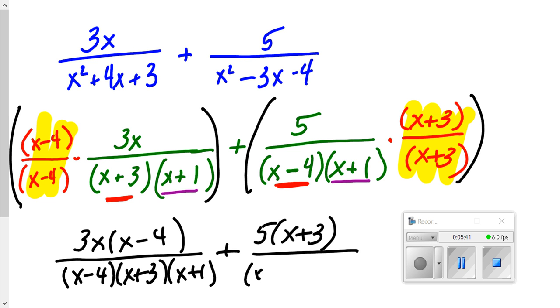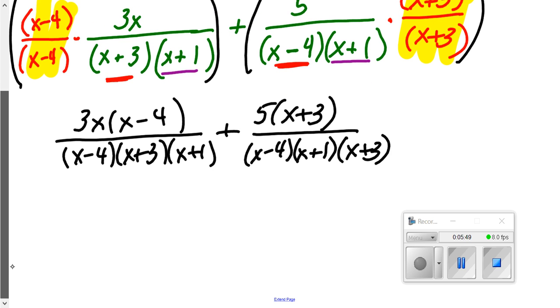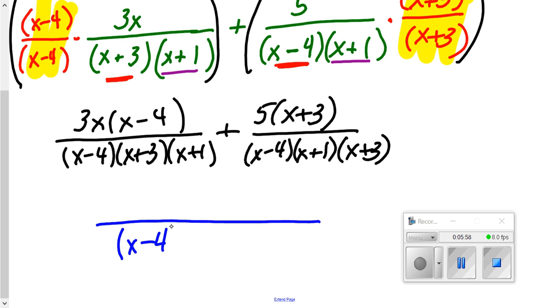Straight across the bottom, multiply. Now notice I'm not bothering to multiply these factors out. I think I will simplify the top a bit, but the bottom's fine, right? That bottom is the same. It has an x minus 4, it has an x plus 3, it has an x plus 1.